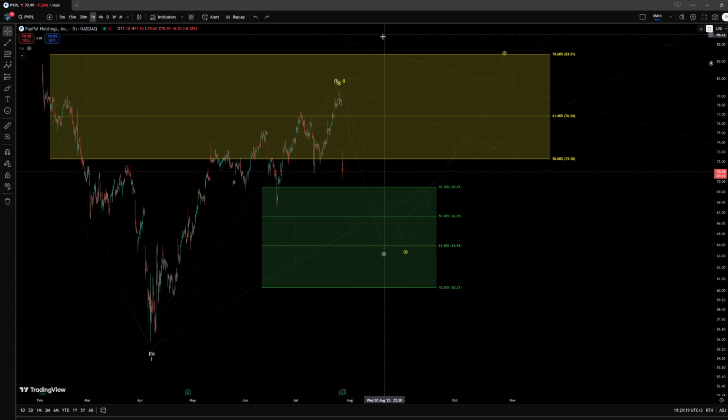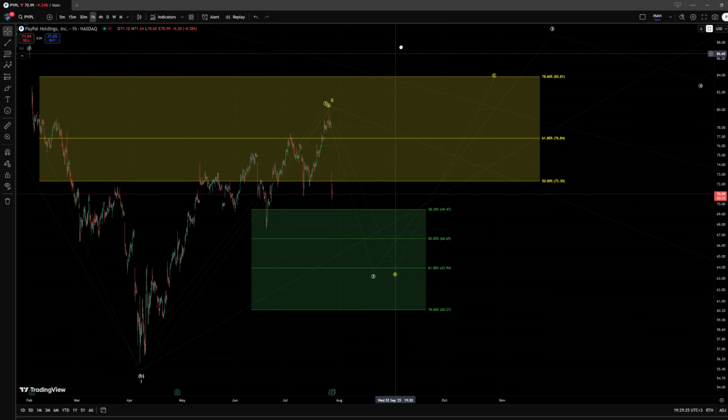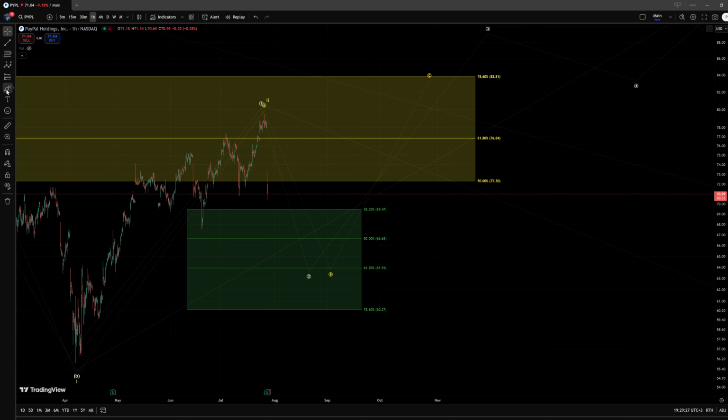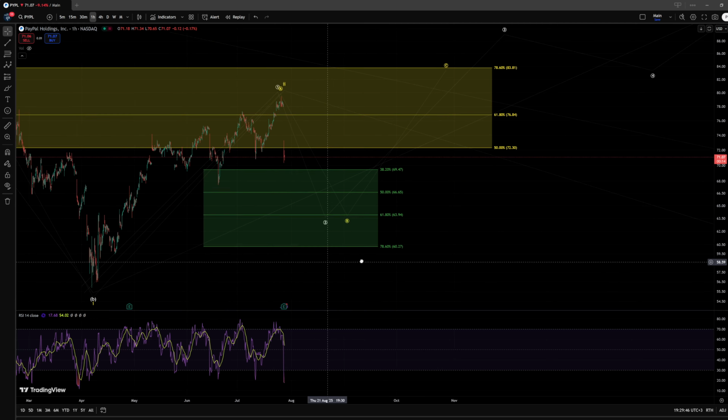I also have to mention again, it is also possible that we topped here in this wave 2 and that we are going directly lower. And even if we are, I would still expect and would still like to see at least some reaction from some of these levels in the support zone. At the moment we had a very sharp decline already, and that was mostly a result of the earnings.